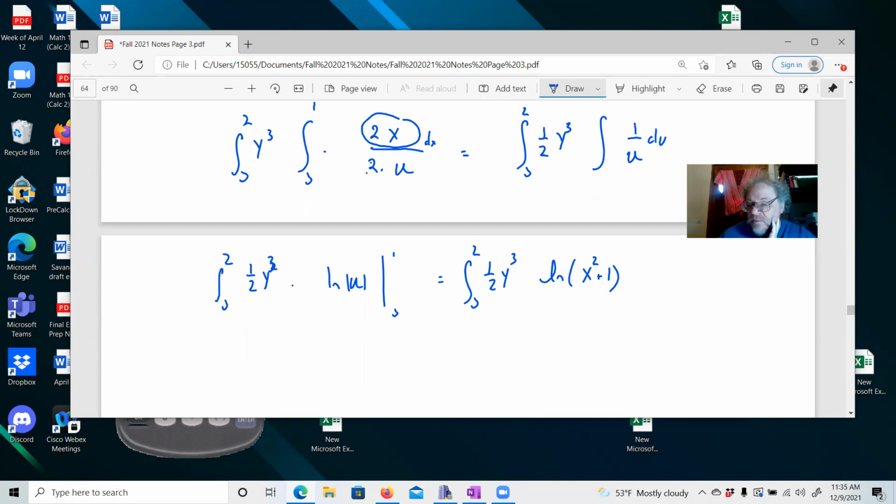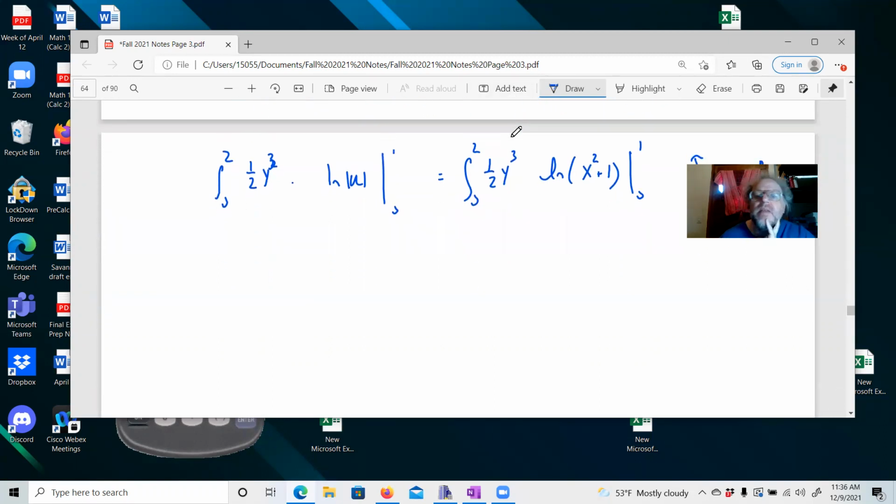We don't have to worry about the absolute values because this is always positive. We're going from 0 to 1. Do you remember the parabola x squared plus 1? That was a parabola that has a vertical shift of 1. We just move the parabola above the axis. All of these numbers are positive. That's why we can say that.